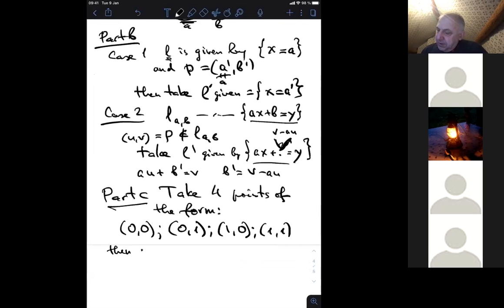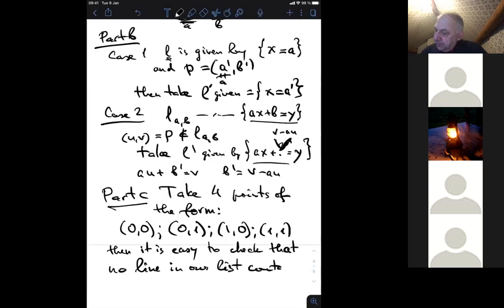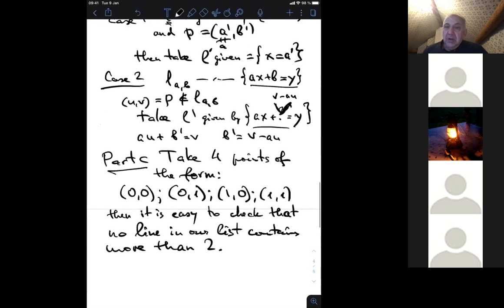it is easy to check that no line in our list contains more than 2 of them. Yeah, so the picture actually looks like the one I just started with.